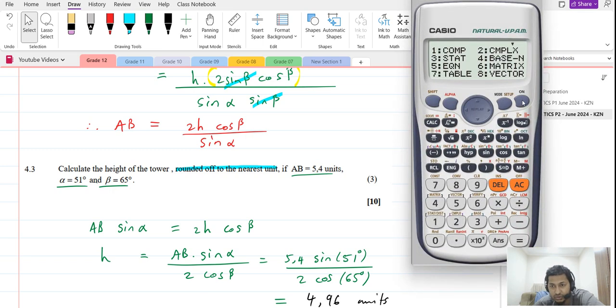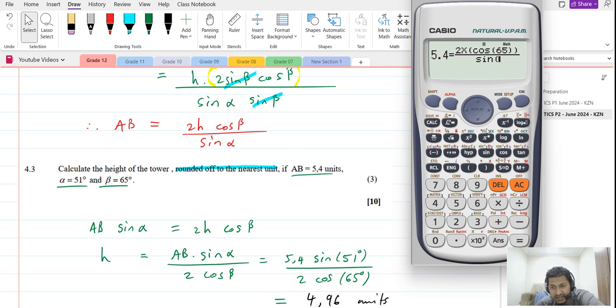Let me show you how to solve this trick. What's AB? 5.4 equals, put a fraction there, 2, put your unknown as x, since you're solving for h, x, open bracket, cos beta, so cos 65, close bracket, and divided by sine alpha.